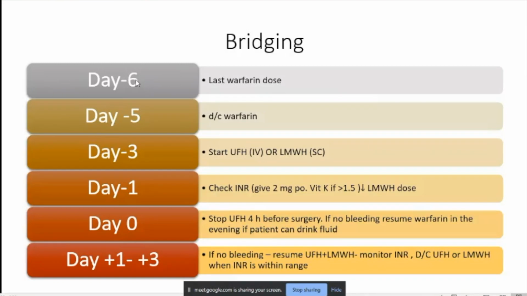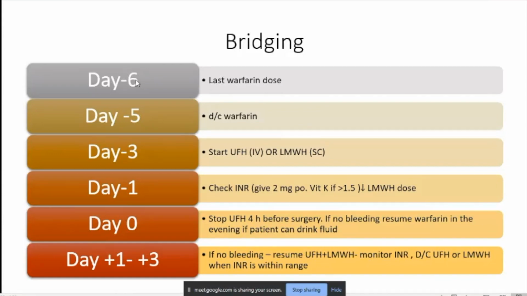So we always have to give the warfarin with the unfractionated or low molecular weight heparin. If there is no bleeding, on day +1 we resume the unfractionated and low molecular weight heparin, and we monitor. Then we discontinue the unfractionated or low molecular weight heparin when the INR reaches within the range, and we just continue the previous warfarin dose.